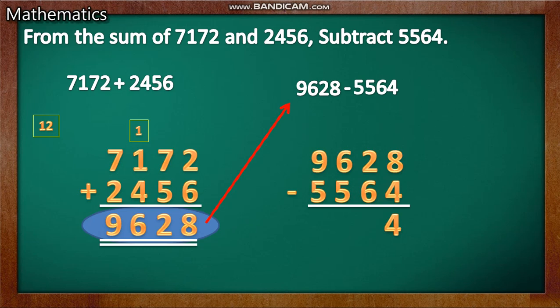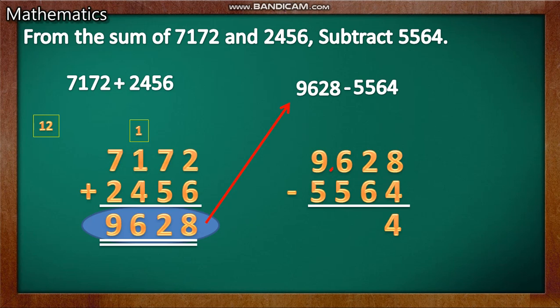Now 2 minus 6. Can you subtract 6 from 2? No. What is the reason? 2 is less than 6, so we can't subtract 6 from 2. Then what will we do? We have to borrow 1 from the next place, from 6.